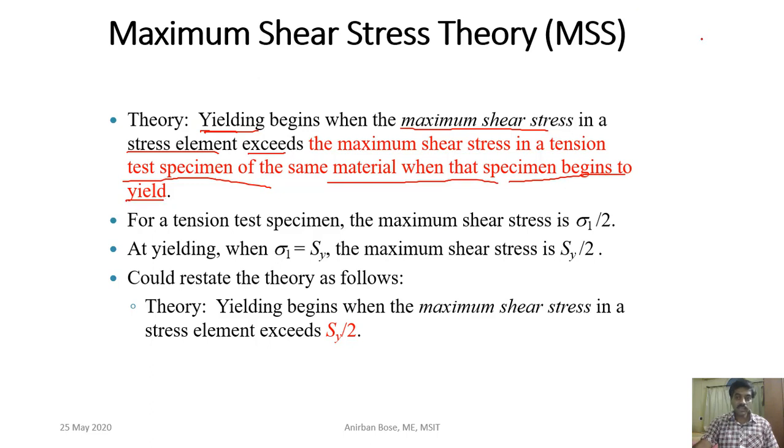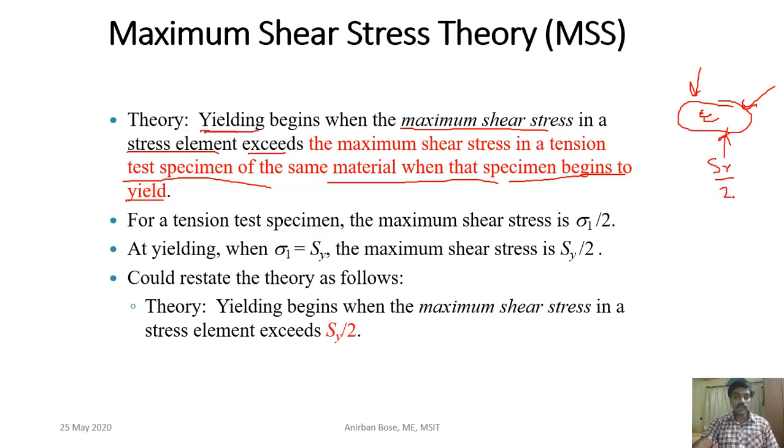That means, suppose a component is under a certain general kind of loading, and because of that, we find a point where the maximum shear stress is the same as Sy by 2.